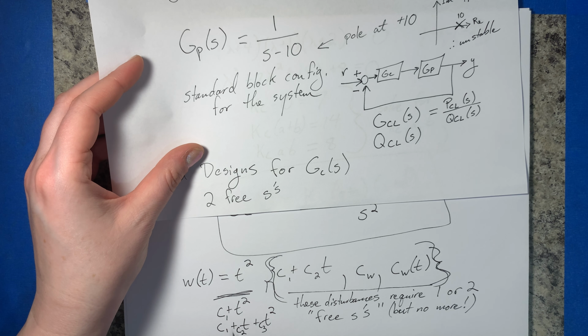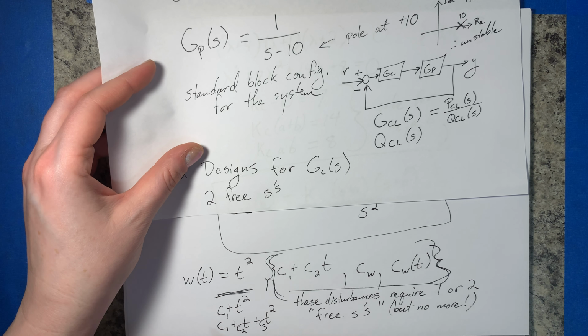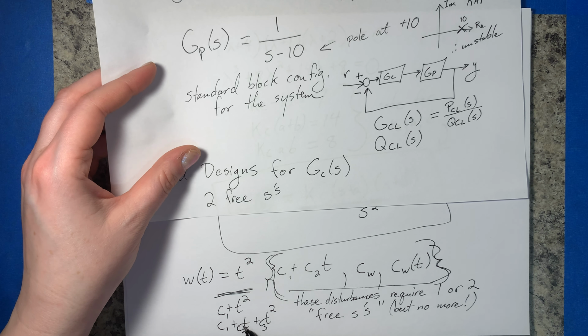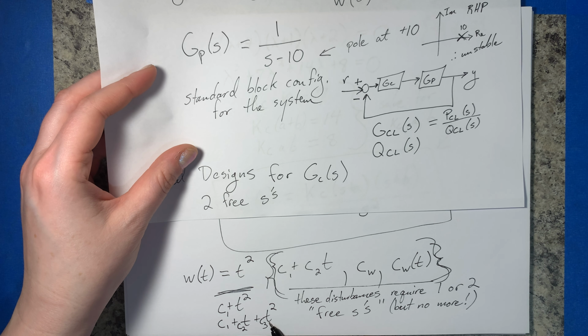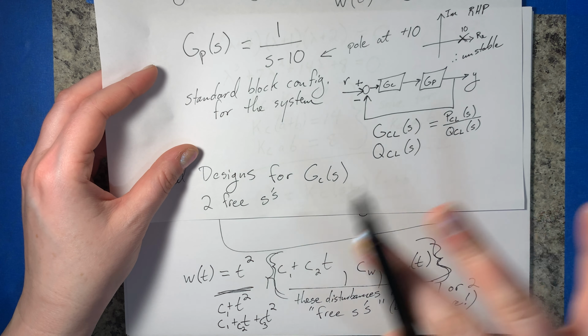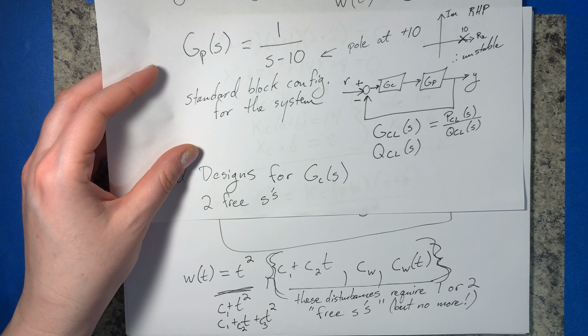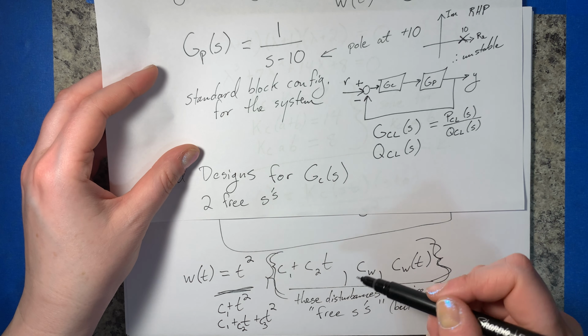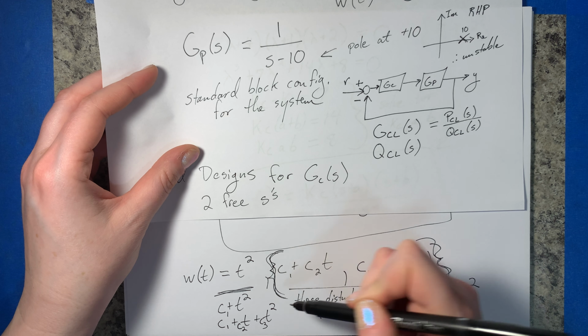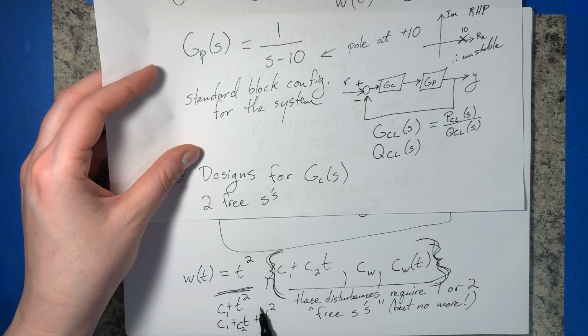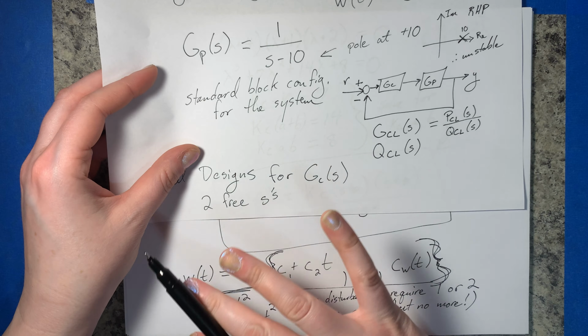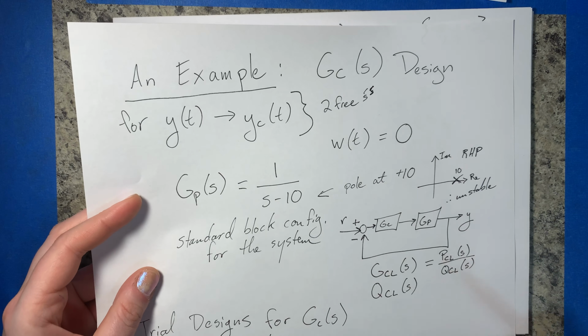Something like these ranges, where you would have to differentiate the disturbance signal a total of 3 times to be able to get it to go away structurally. And so that is the difference. That is when do we have to change the design? Well, when we need more free S's to accommodate a disturbance, if that's what's being added to this problem.